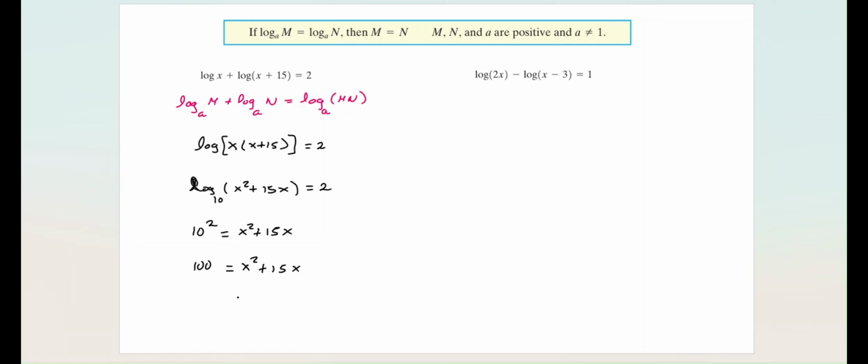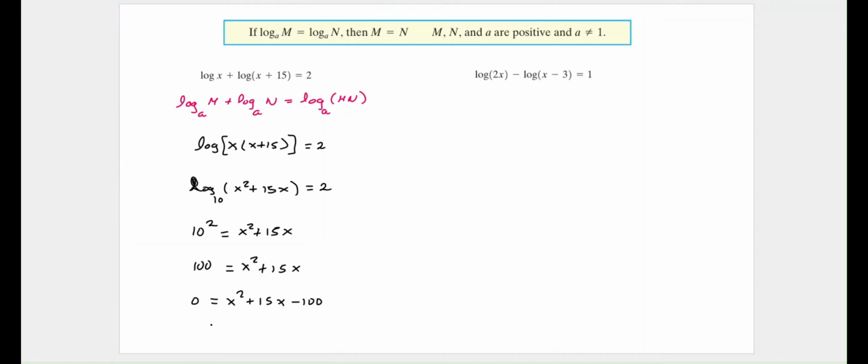Of course, 10 squared is 100, equal to x squared plus 15x. And now we're going to rewrite this equation in standard quadratic form. So we get that 0 is equal to x squared plus 15x minus 100.